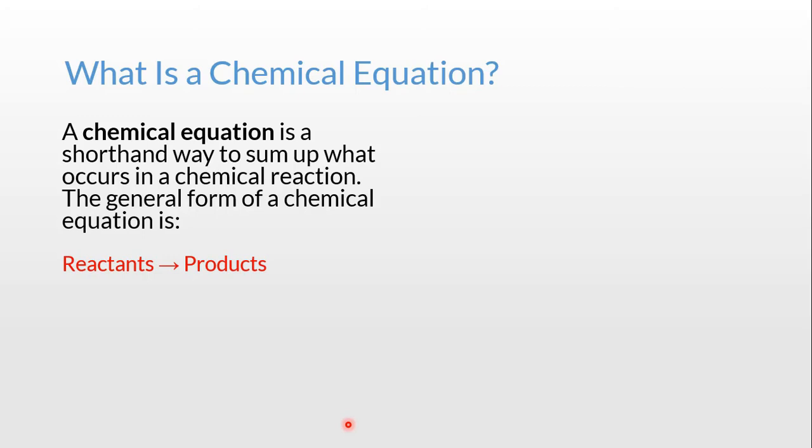The general form is reactants giving us the products. The compounds we chemically combine are the reactants. The new substance formed is the product.